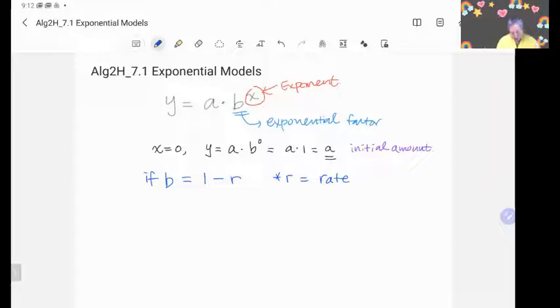This means that from the original amount, for whatever time period we check, it exponentially depreciates, right? And this will be the model for the depreciation here.